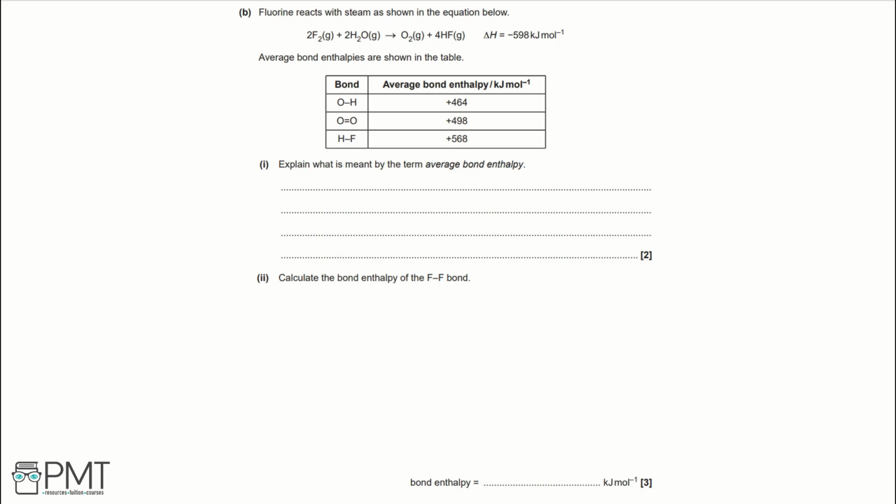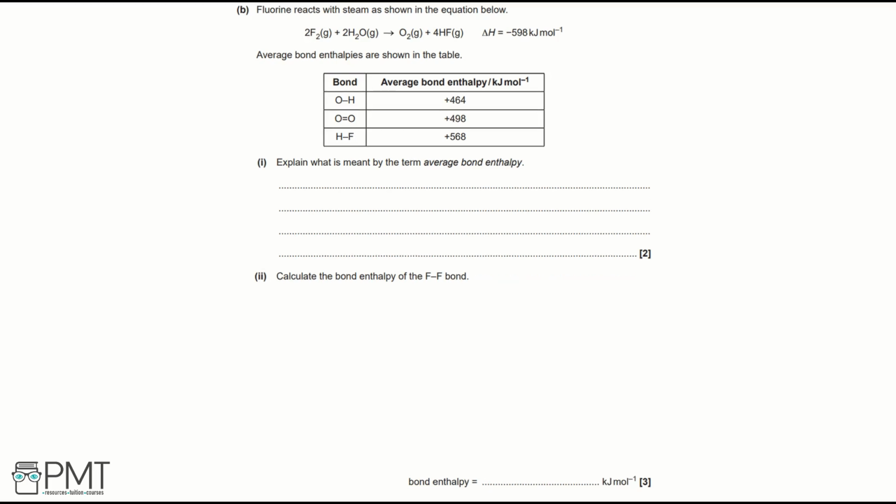Part B. Fluorine reacts with steam as shown in the equation below. Average bond enthalpies are shown in the table. Part 1. Explain what is meant by the term average bond enthalpy. So this is one of our definitions we need to learn.